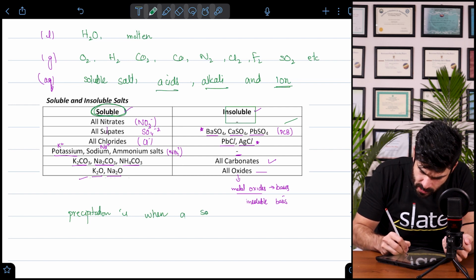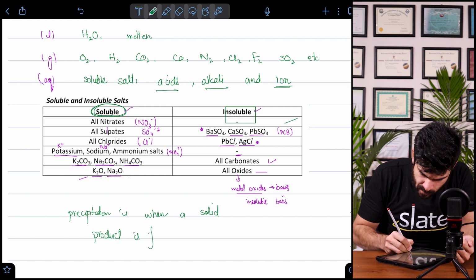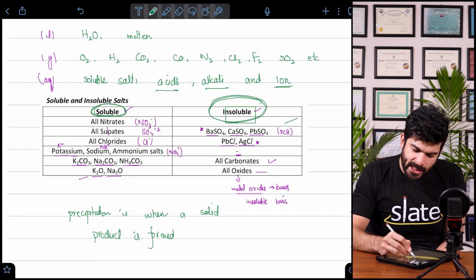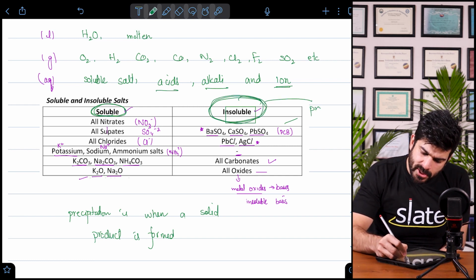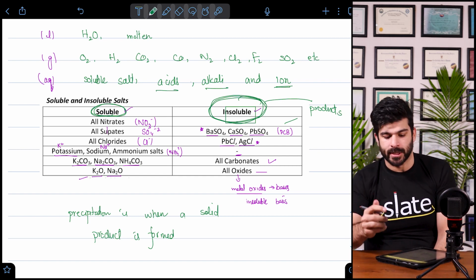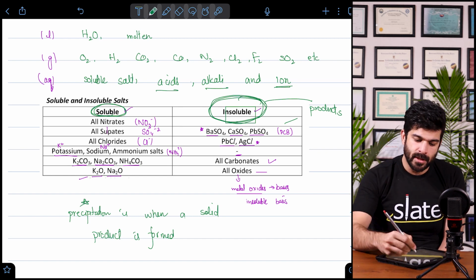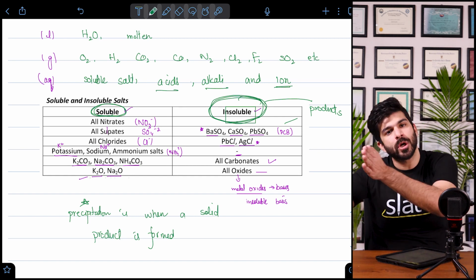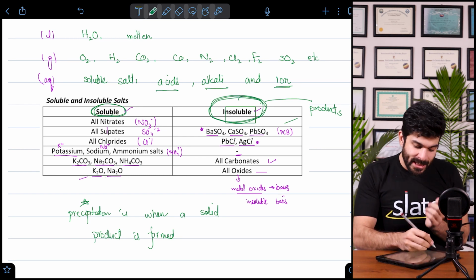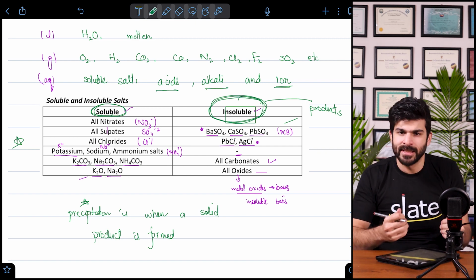Whenever you see an insoluble salt on the product side, whenever an insoluble salt is formed as a product, this is a precipitation reaction. I repeat, whenever you see an insoluble salt being formed on the product side, that's a precipitation reaction. So these solubility rules will help you a lot while studying these.